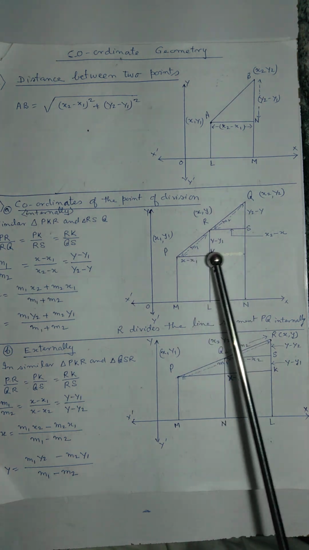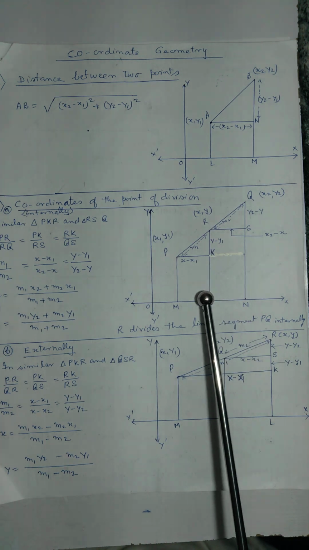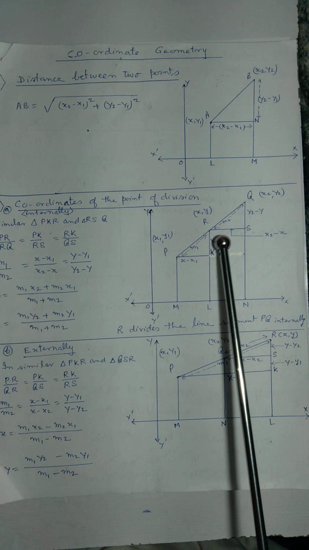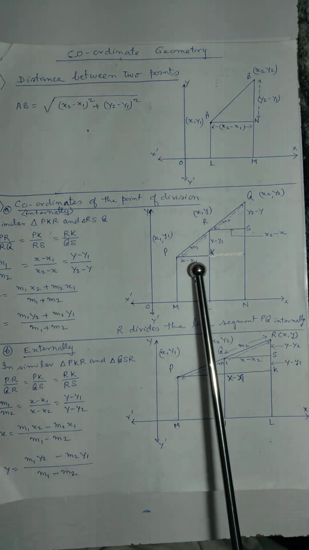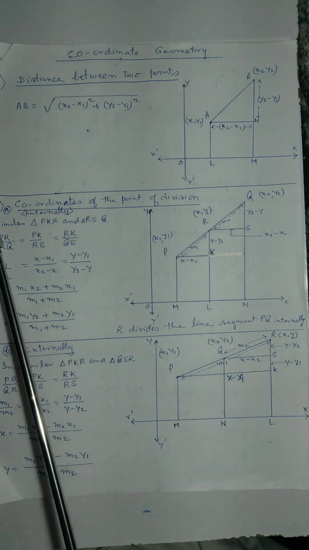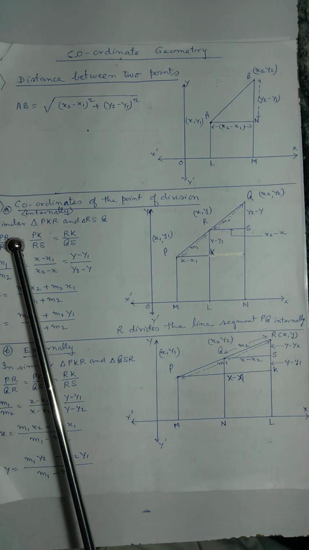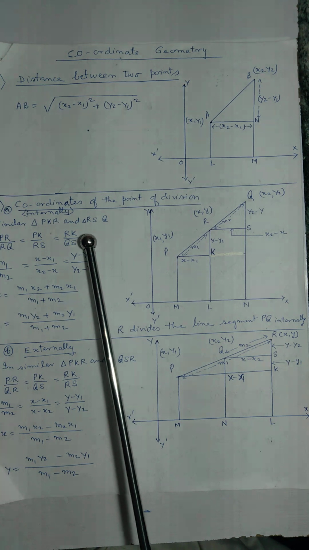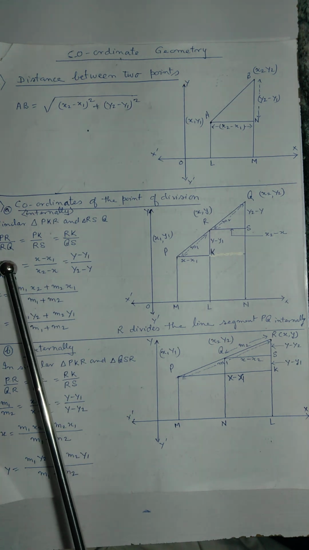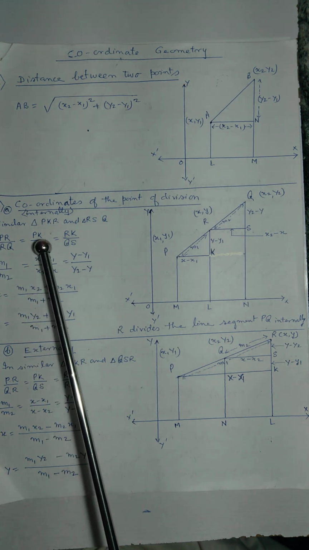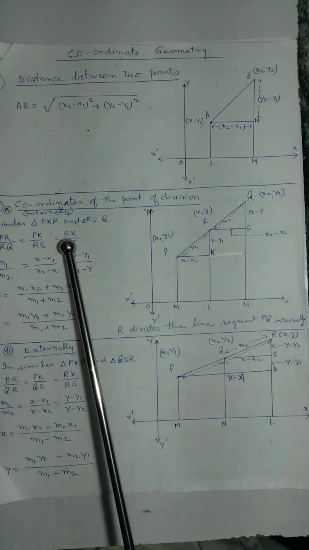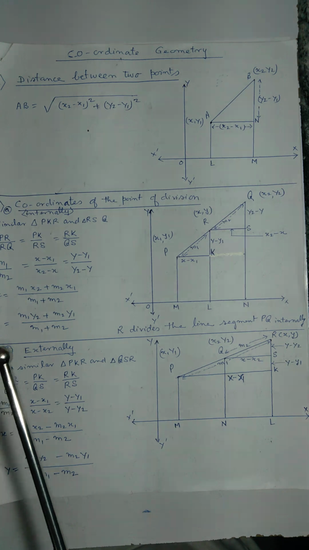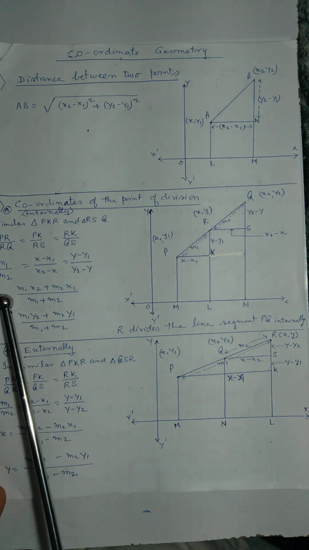So in this way all the angles of these triangles are equal to each other. Therefore the sides are proportional. So you see here I have written, in similar triangles PKR and RSQ, PR by RQ is equal to PK by RS and RK by QS. Means corresponding sides are proportional.